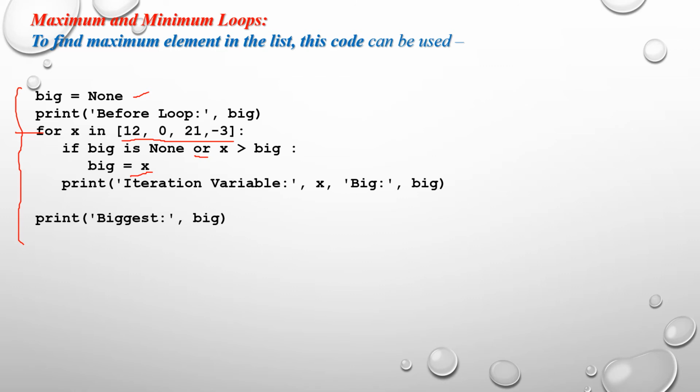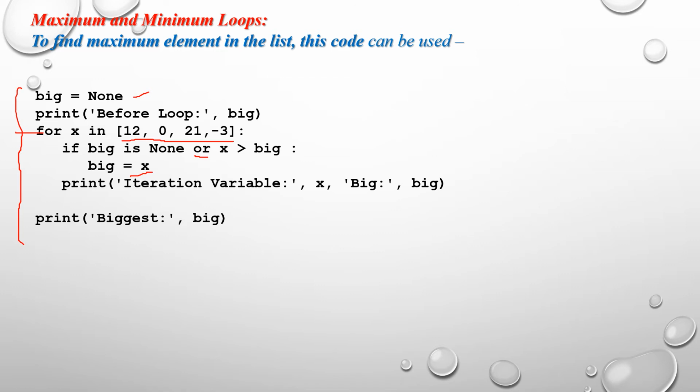After that we are going to print the iteration value x and big. Here big is equal to x belongs to the if condition, and print belongs to the for loop. After all iterations we are going to print the biggest value.